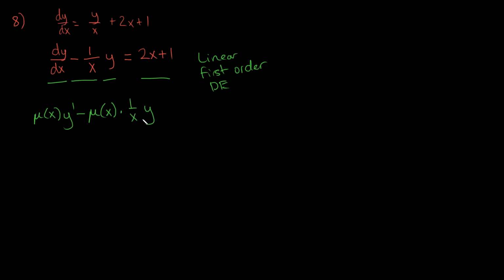We want this to equal the derivative with respect to x of mu of x times y of x. Well, we know that we already have the mu of x y prime here. This term is already all good. This term looks good on the y part, but we need the mu of x times 1 over x part to equal mu prime.